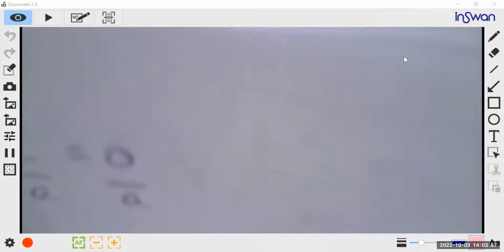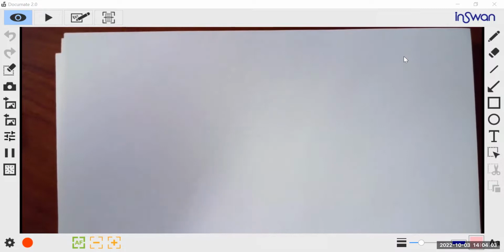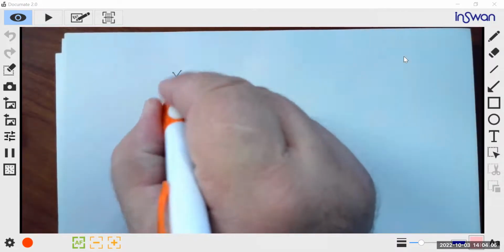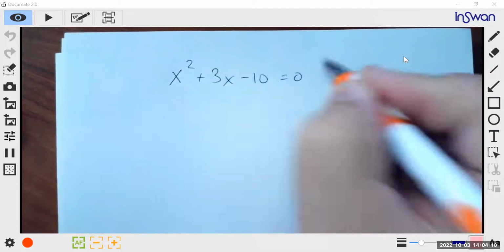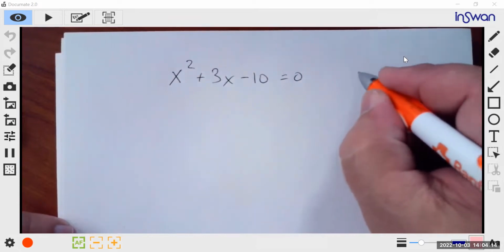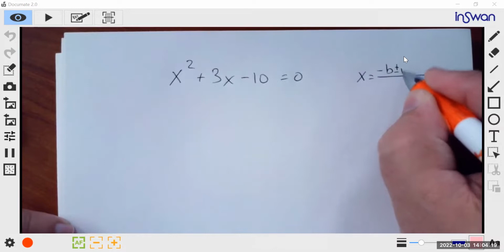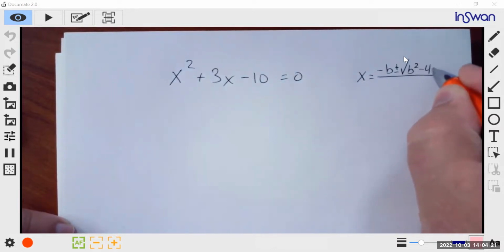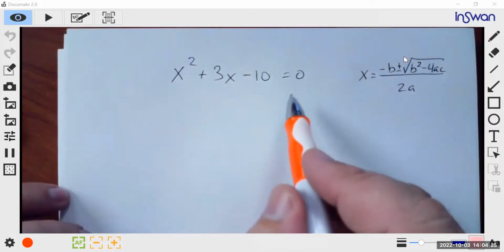Let's look at the last one we did. To use this formula, you have to have it in standard form.